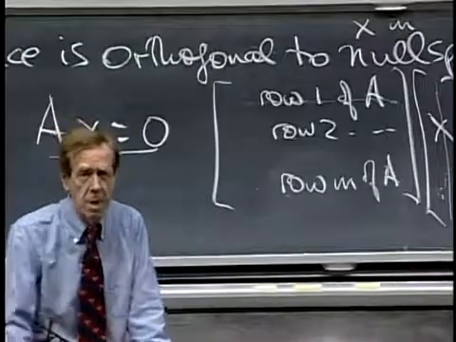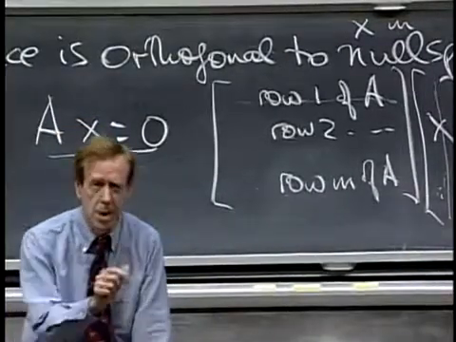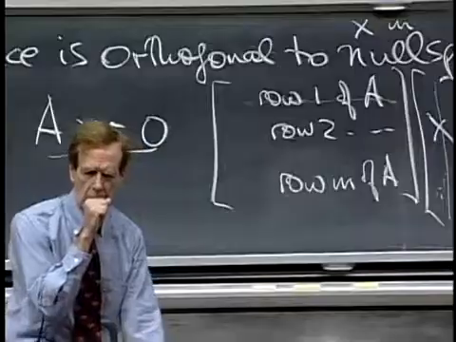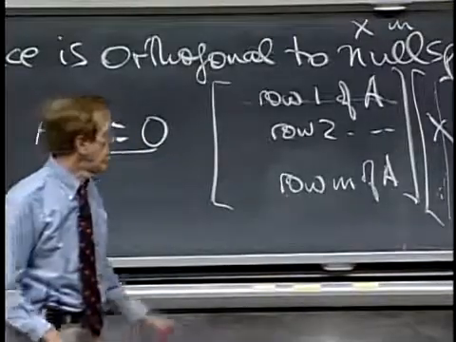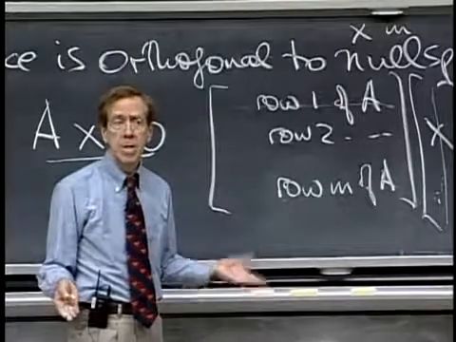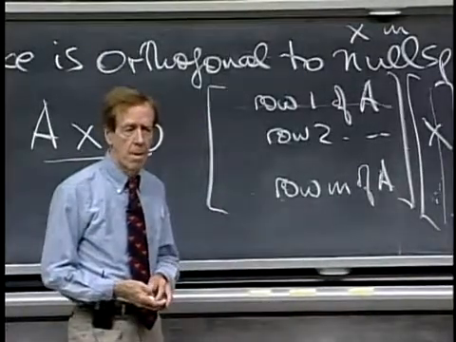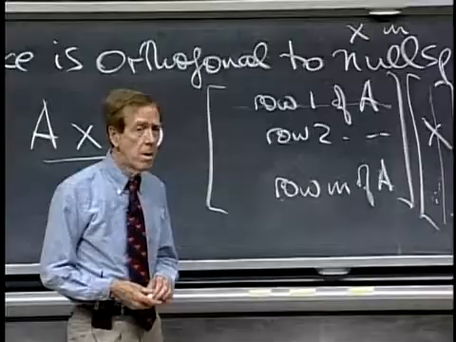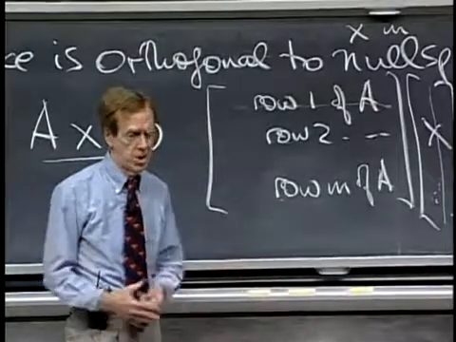We just have to remember, what does it mean? What does that word space tell us? And what else is in the row space besides the rows? All their combinations.